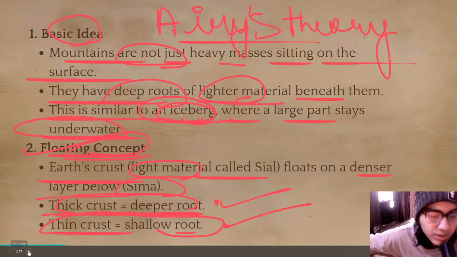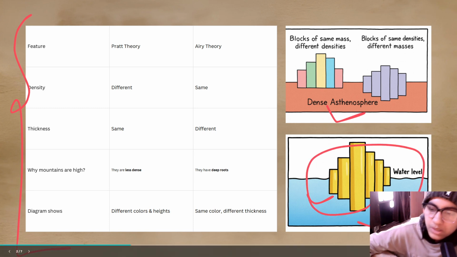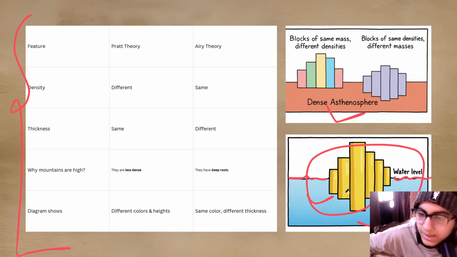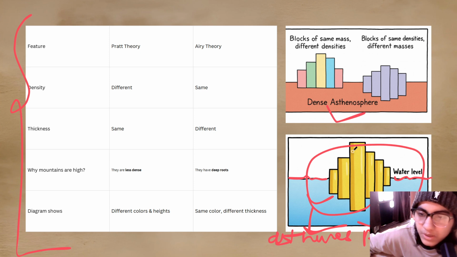So let's go back to the diagrams. Here are the two diagrams. Firstly, look at this diagram. This is the asthenosphere. The asthenosphere is fluid-like, made up of soft material, and above that we have the lithosphere. If there is more height above the lithosphere, the deeper it will be below in the asthenosphere.